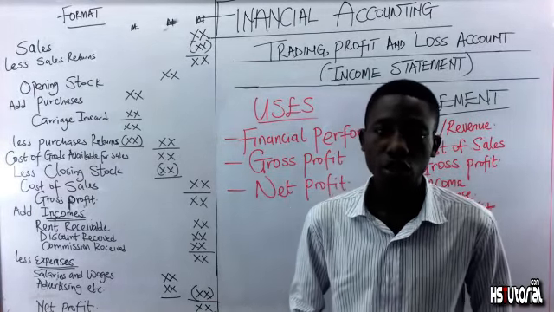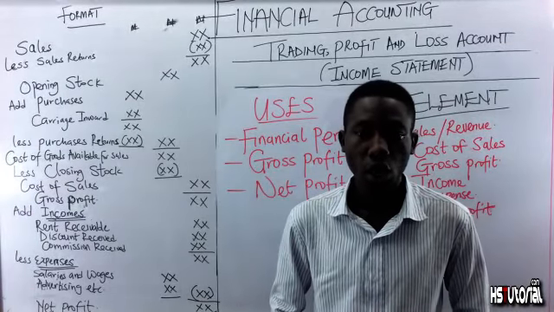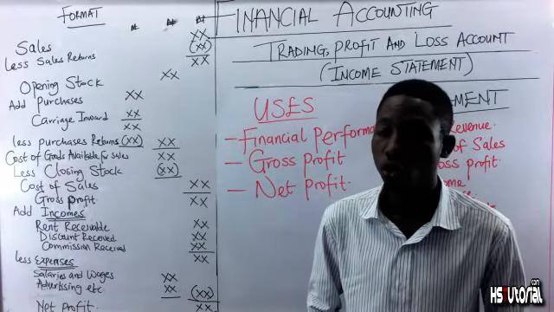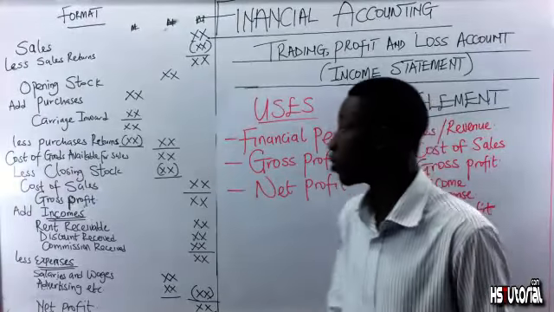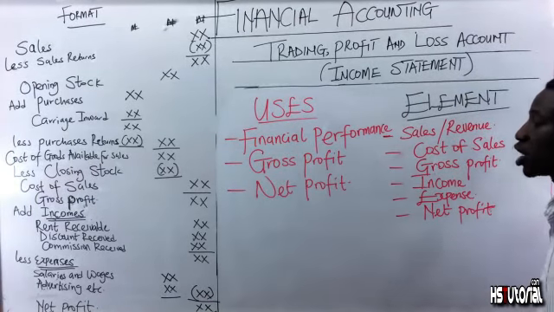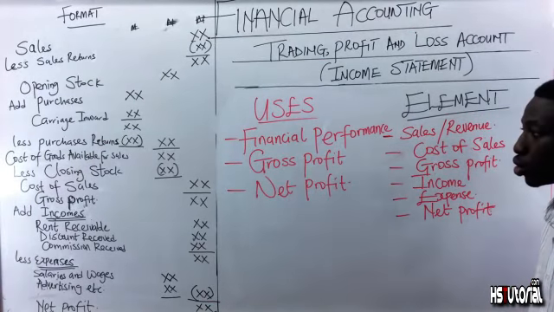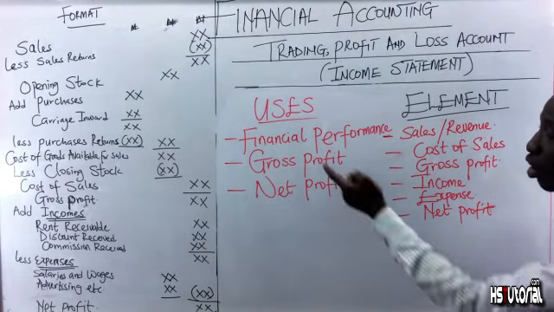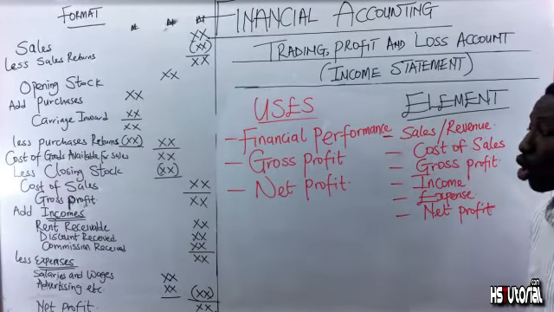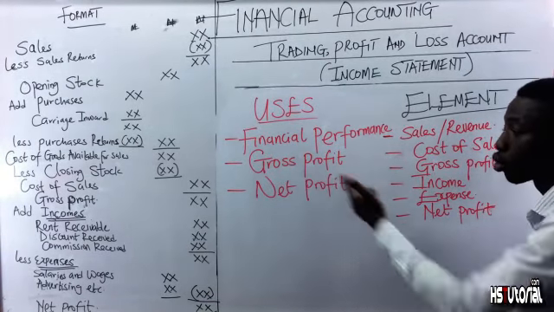Now, let me tell you the uses of income statement. What are the things you will need to use income statement for? The first one is to show your financial position. The second thing you can use your income statement to show is your gross profit.